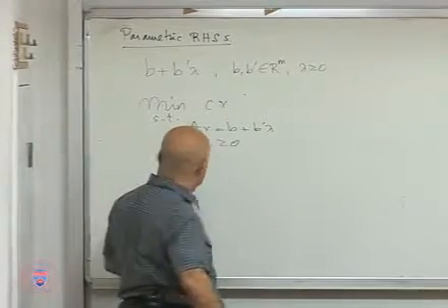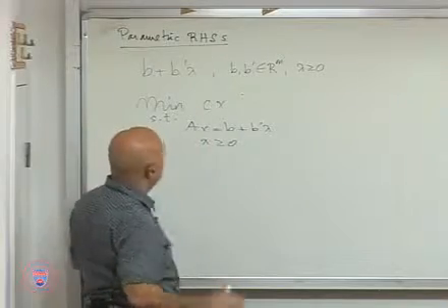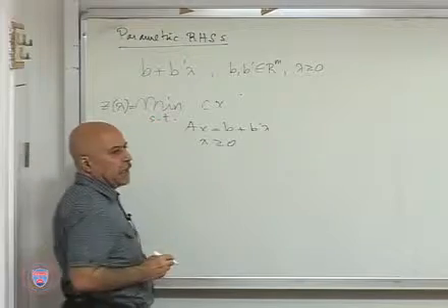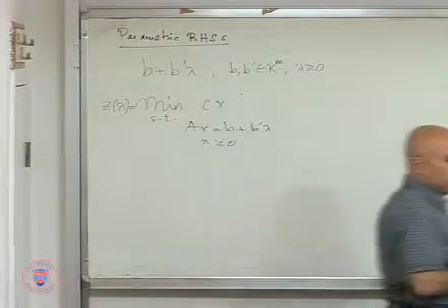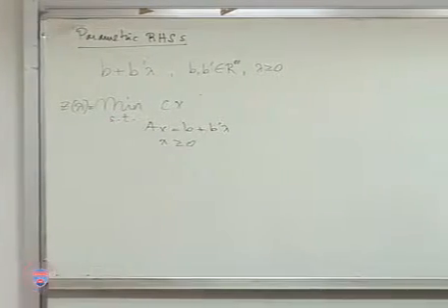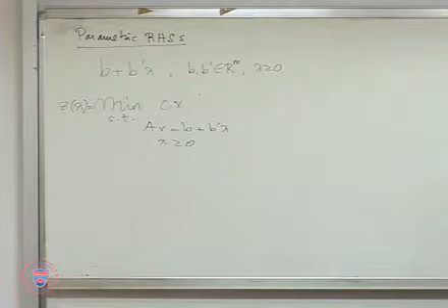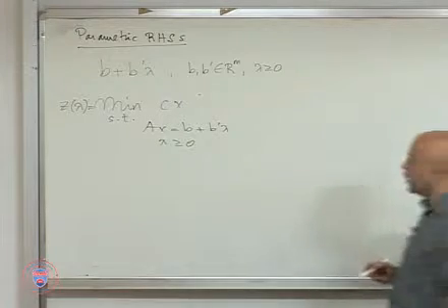And I'm going to define again the optimum value of this by z of lambda. So z as a function of lambda is the optimal cost of this linear programming problem.